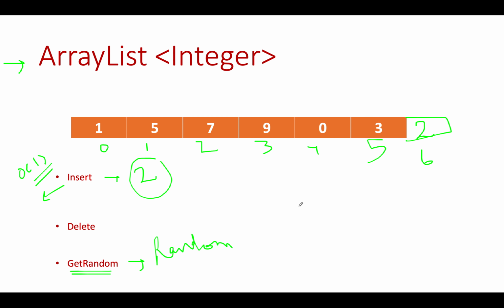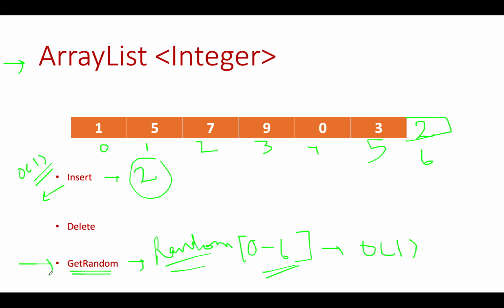For example, you can generate random numbers in the range of 0 to 6, and this random number will be generated using the Random Java class. Once you have generated an index from 0 up till 6, you can simply return the value held at that index. This will also lead to a time complexity of order of 1.